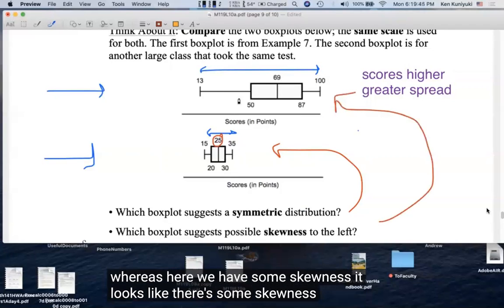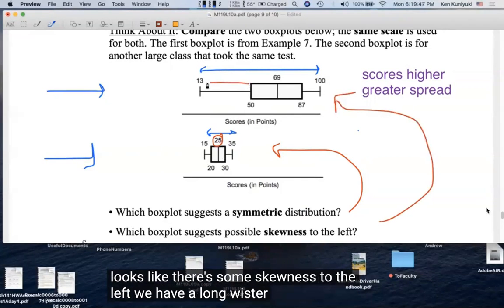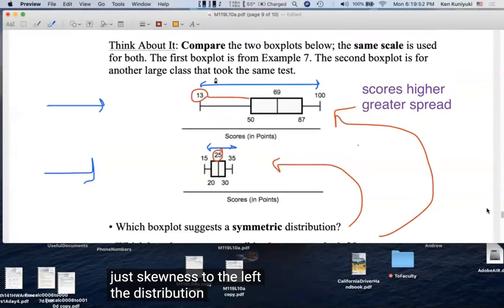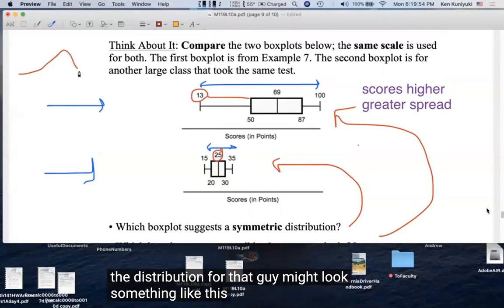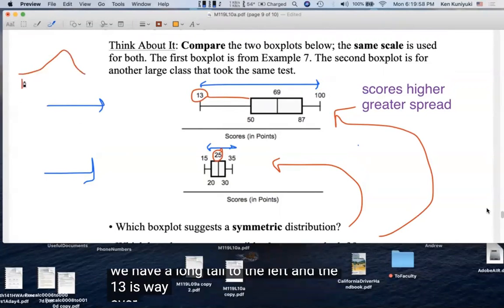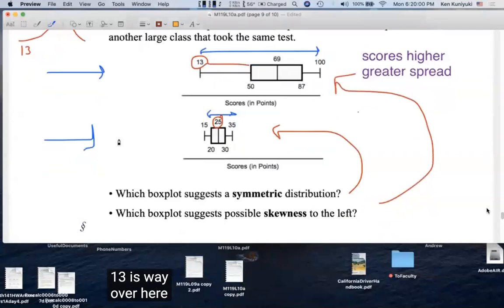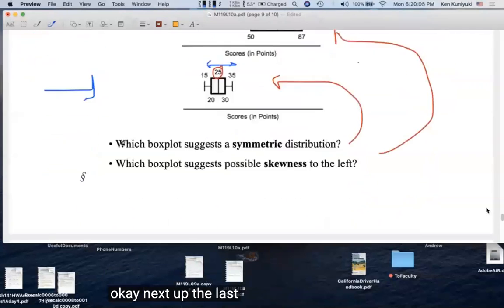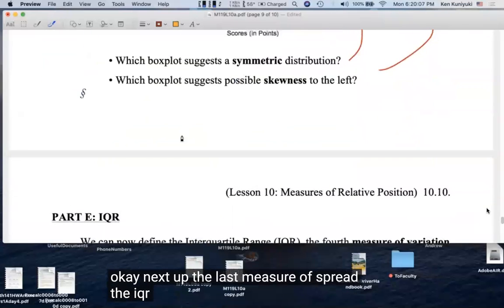It looks like there's some skewness to the left. We have a long whisker to the minimum on the left. So that's just skewness to the left. The distribution for that one might look something like this. We have a long tail to the left, and the 13 is way over here. Okay, next up, the last measure of spread, the IQR, next time.